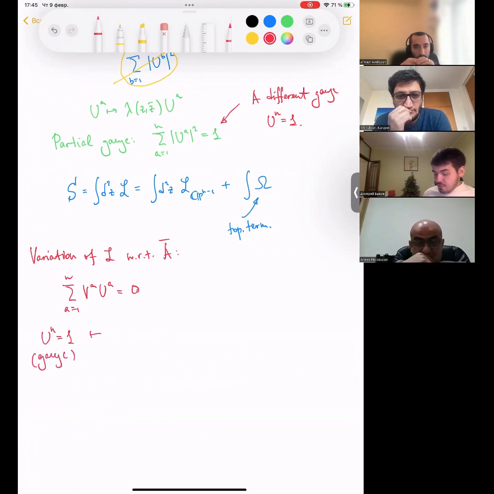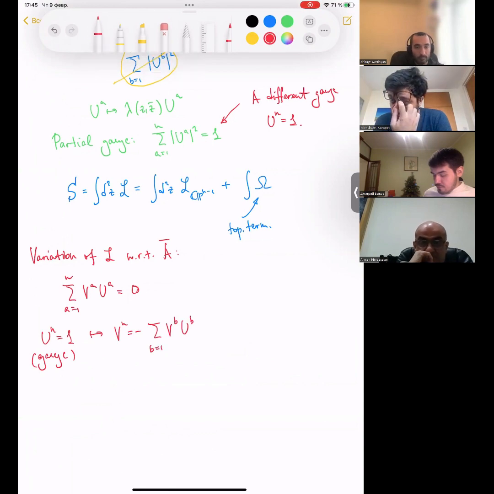And then from the constraints, you find that V_N is minus some sum of V_b U_b, b from 1 to N minus 1. And then you substitute this into the Lagrangian, and that's it. So I do not see any additional magnetic field.